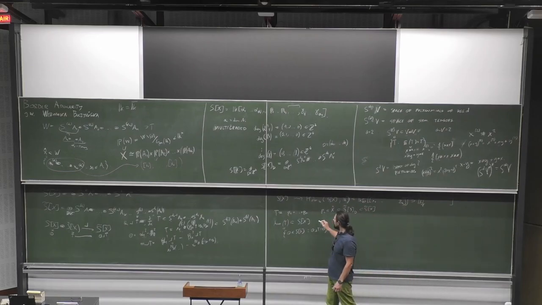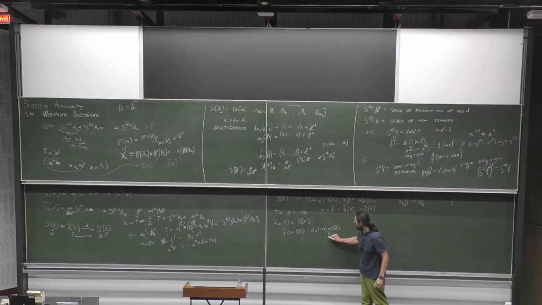And this is a subset of S of X, and this is in fact an ideal, meaning that first of all it's a linear space. So if you take two of these guys that annihilate, then this is a linear action, so the sum or the linear combination will also annihilate.